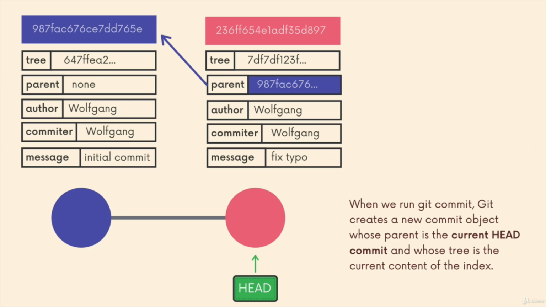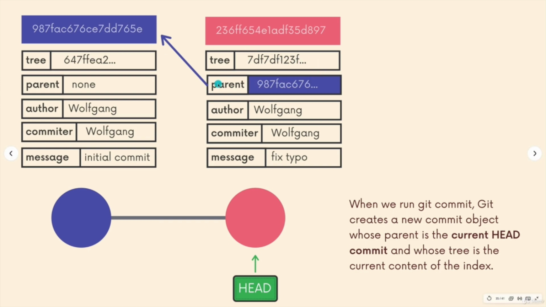The tree is the current content of the index, the staging area. So there's an actual index file. But basically, everything that we have worked on, all our changes, everything we have staged and prepared to commit, when we actually run git commit, a tree is generated. So that tree will reflect the contents of the index.